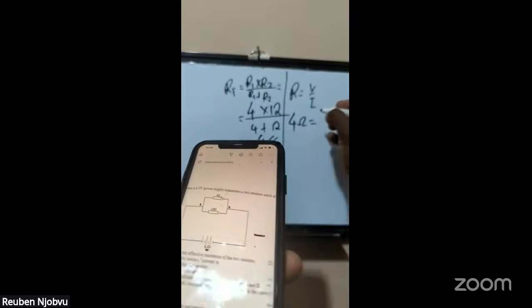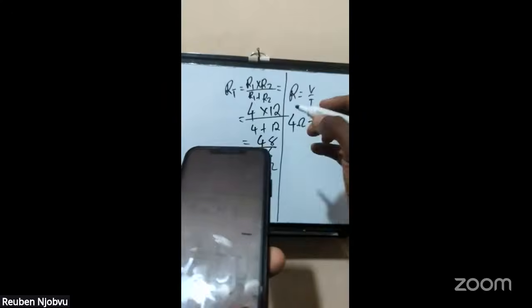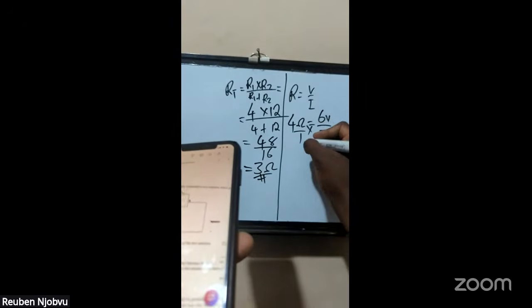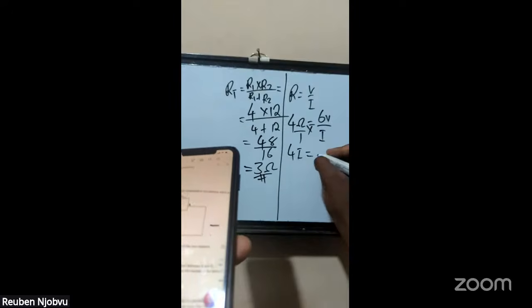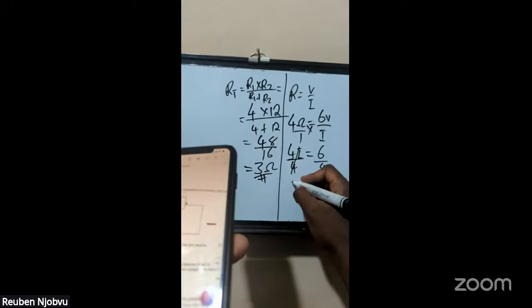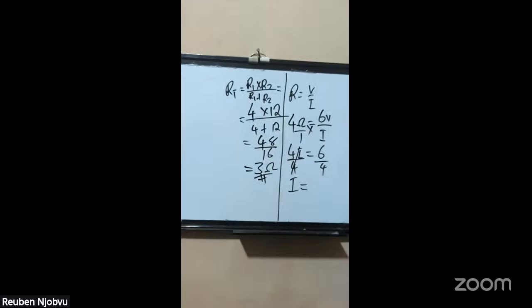So it's going to be the same 6 volts. What current at this point? You don't know. You cross multiply. 4 times current is equal to 6. You divide both sides by 4, meaning the current is equal to 6 divided by 4, which is 1.5 amps, like this. This is how you find your current.